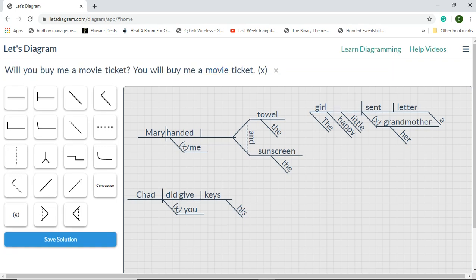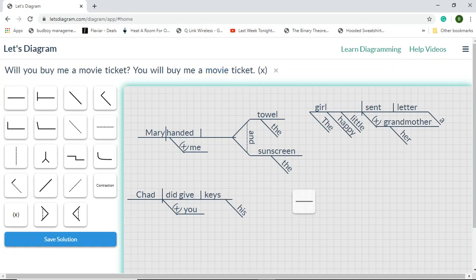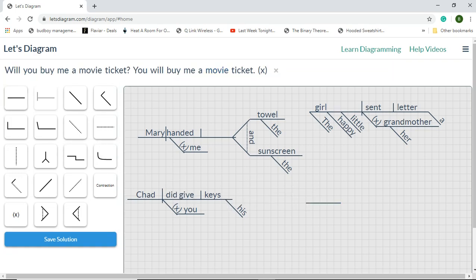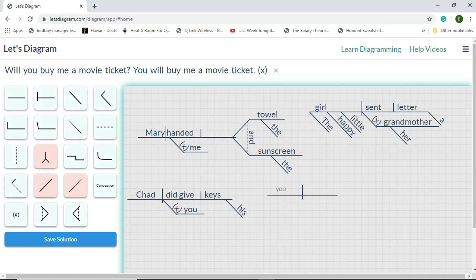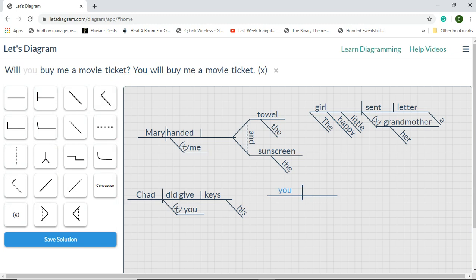And let's diagram. Same thing like we always do, make a cross. Bam. There's our cross. Let's move it over there so there's room for other stuff. Alright. So, what is the subject? You is the subject of the sentence. Okay.